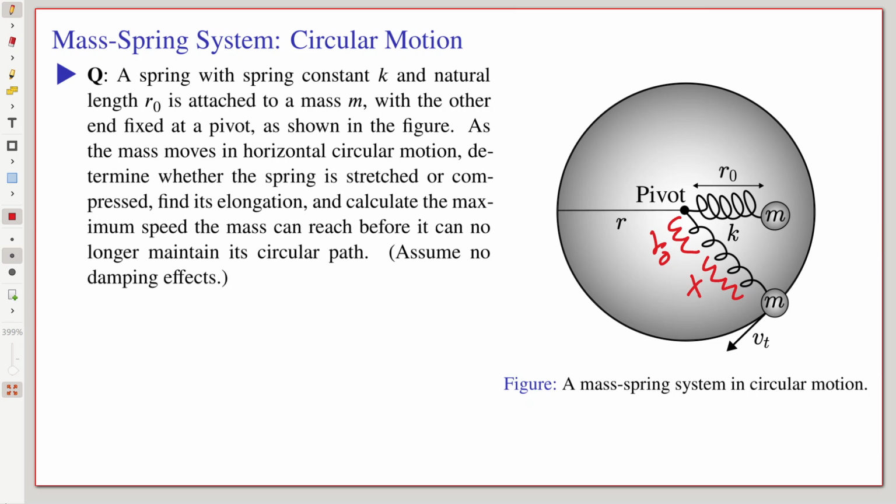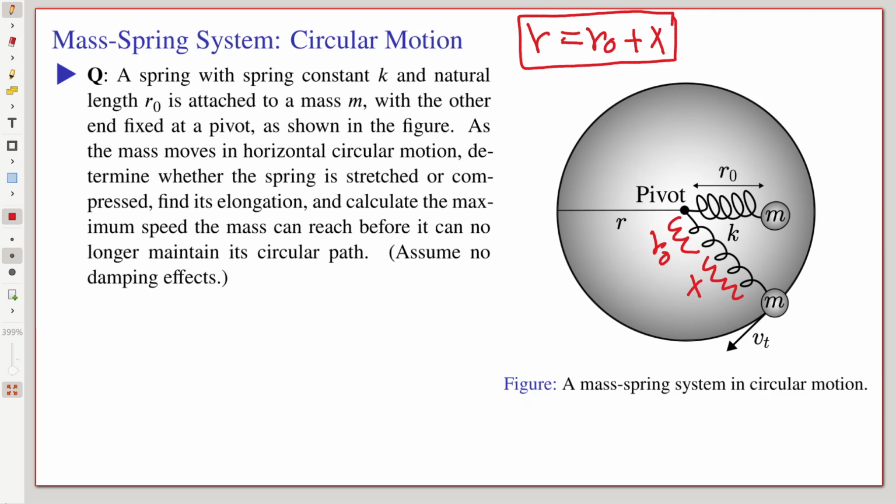Notice that the sum of these two is equal to r, the radius of the circle, or in other words, the full length of the extended spring. This equation is a key. We have to save this.